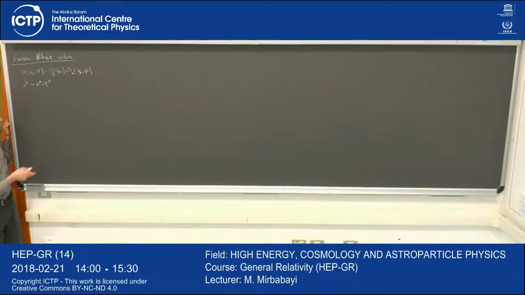So what are the conditions on this gravitational action? One is that it should also be invariant under these transformations. So it should be reparametrization invariant. And then the second condition is that if I linearize, at linear order, it should reduce to what we already had before in the linearized theory.